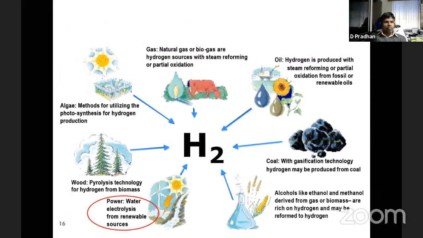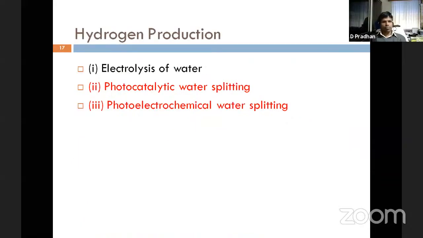There are many other options from which hydrogen can be generated. There are some bioprocesses, and hydrogen can be generated from different types of biomass, called gasification, but they also use non-renewable resources. But among these, what appears to be more attractive or appealing is water electrolysis, where the electrolysis should occur with energy coming from renewable resources.